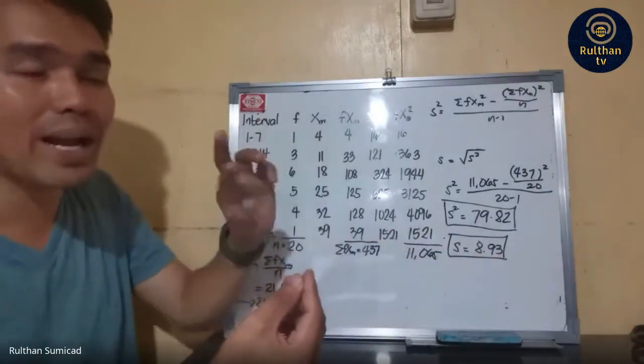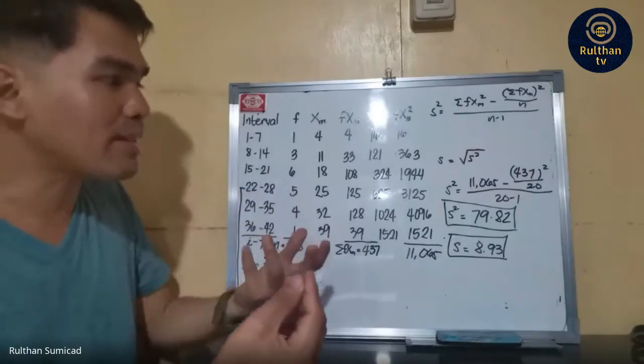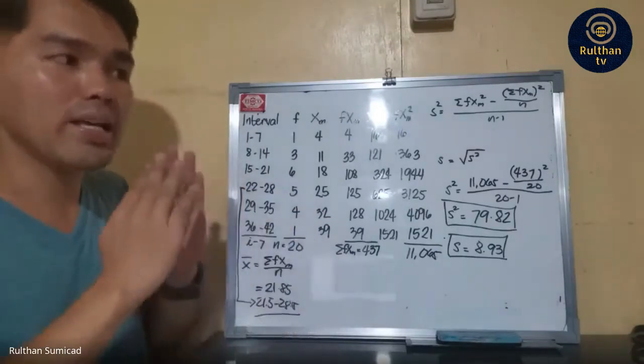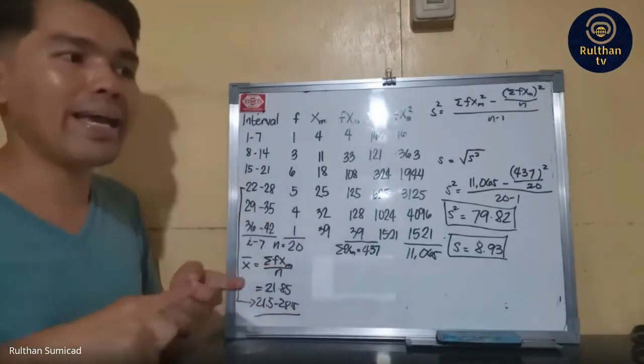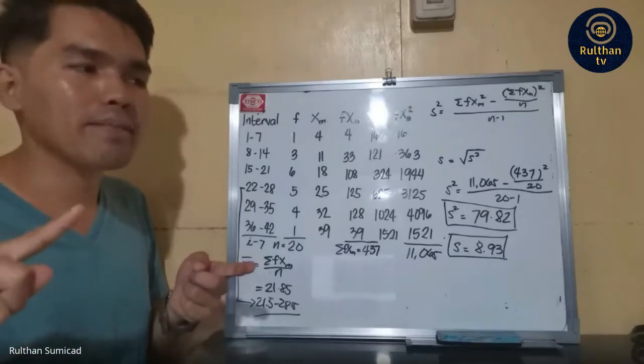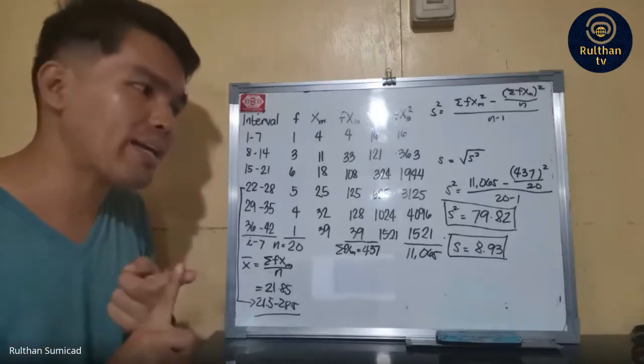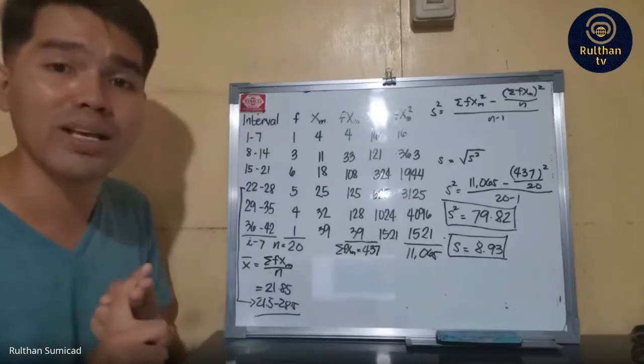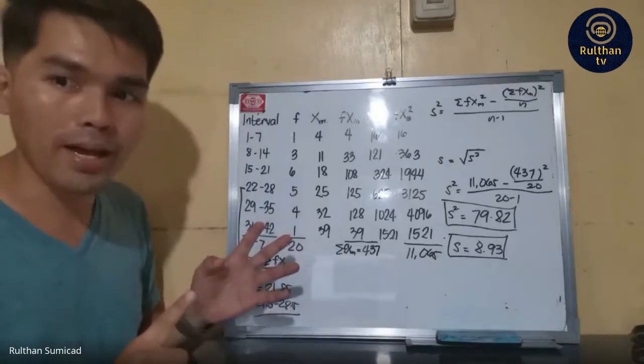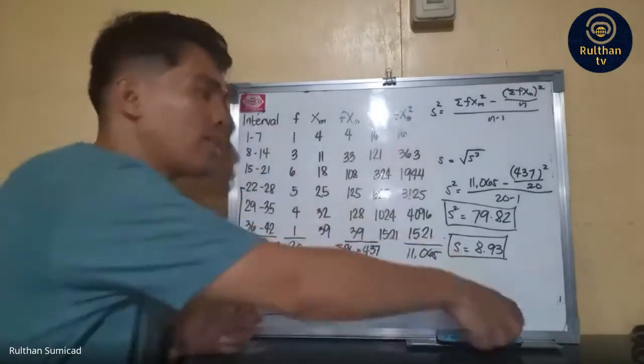There is also another method. This method that I will be introducing is very helpful for locating, or quantifying, the kurtosis and the skewness of our distribution. So, let's go to that formula.